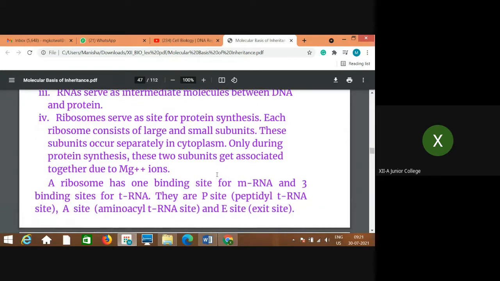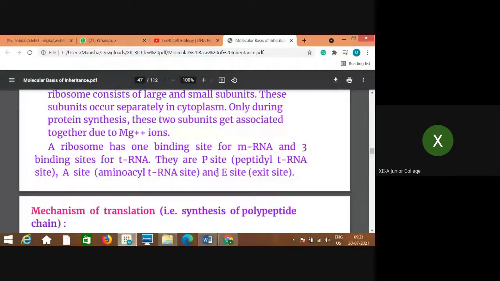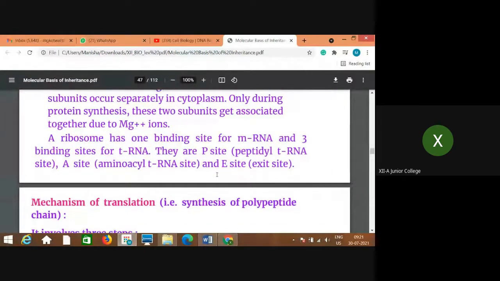Ribosomes serve as the site for protein synthesis. Each ribosome consists of large and small subunits. These subunits occur separately in the cytoplasm. Only during protein synthesis, these two subunits get associated together due to Mg ions. Means Mg ions help to join these two ribosomal subunits.